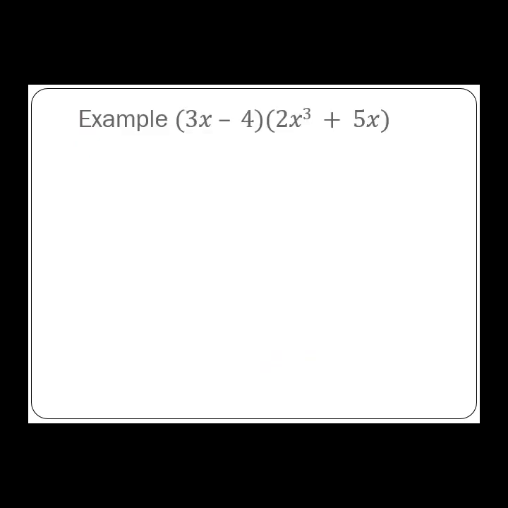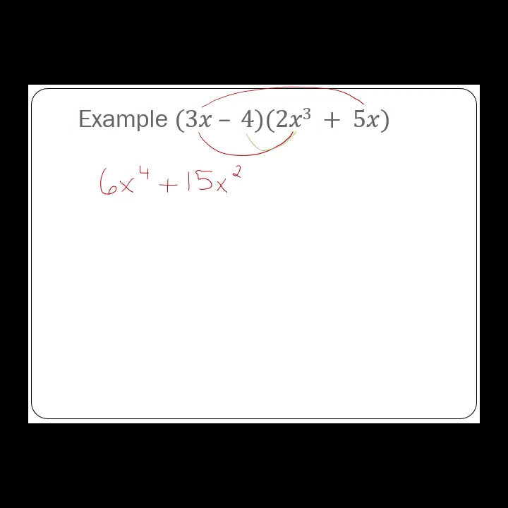So I'll do another one here with the FOIL method. We're going to have our first, which is 3 times 2 is 6, and then we have 1x, 2, 3, 4 x's total. First, outer terms, 3x times 5x is 15x squared.